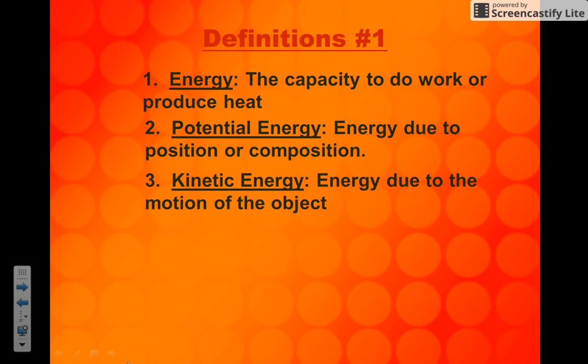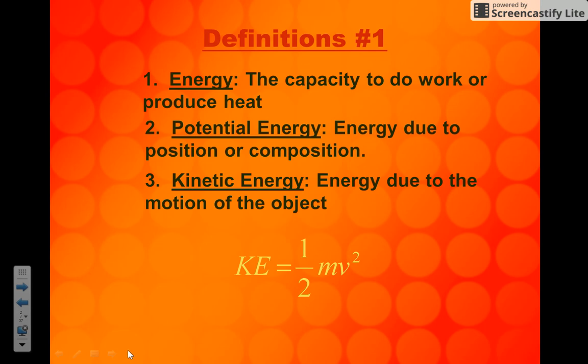And we have kinetic energy. Kinetic energy is the energy due to the motion of the object. So the energy of an object in motion is kinetic energy. Now, in the chapter that we studied on gases, we learned how to calculate the root mean square velocity of the gas. And that had to do with the kinetic energy of the gas particles.